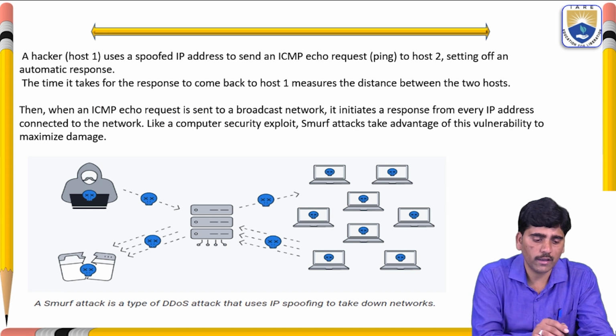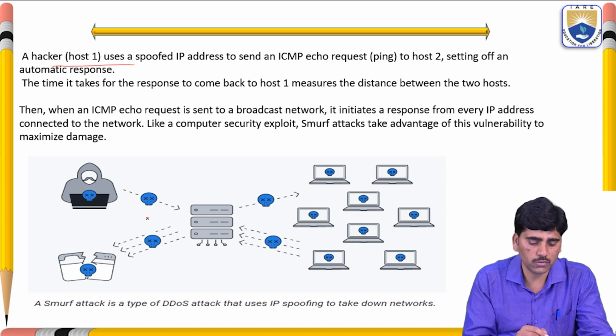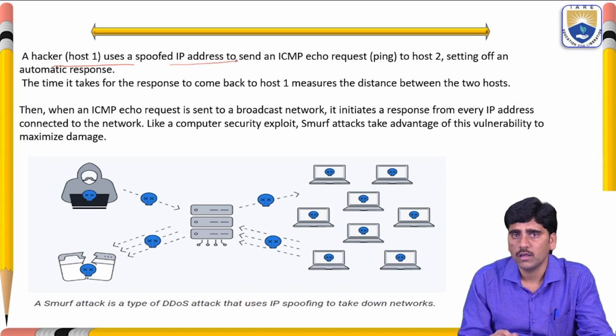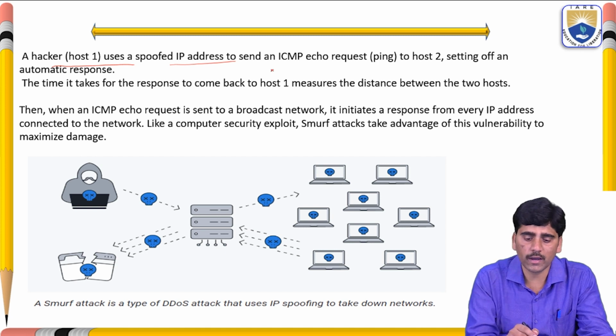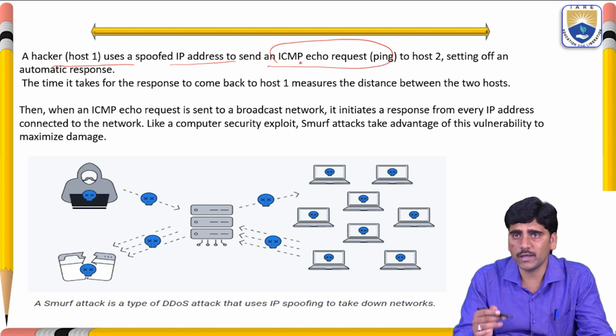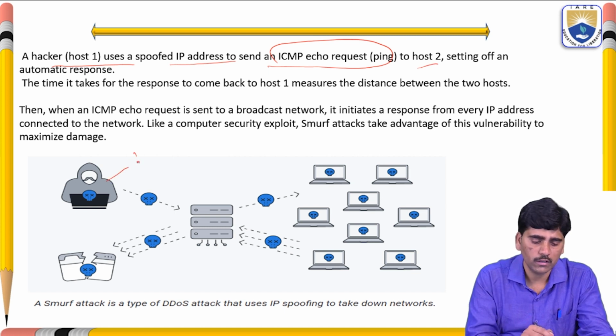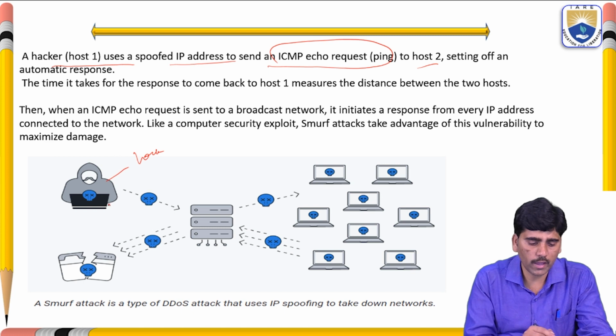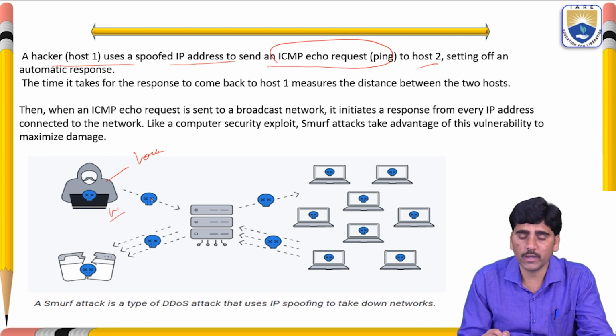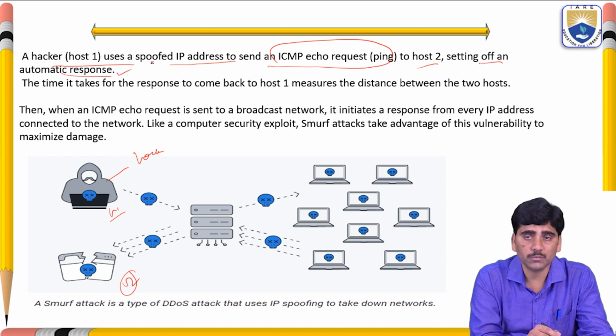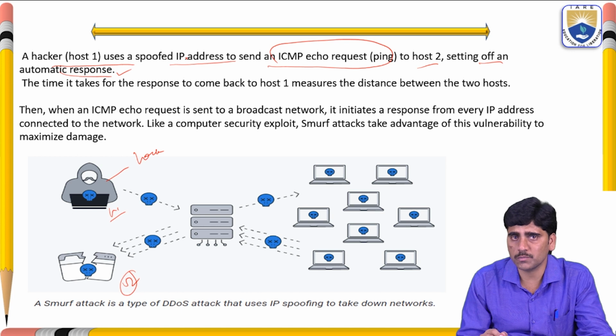Here we can see a hacker, H1 or host 1, using a spoofed IP address to send an ICMP echo request to host 2, setting off an automatic response.